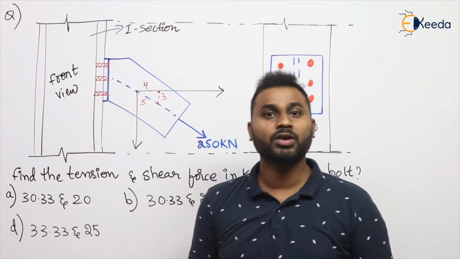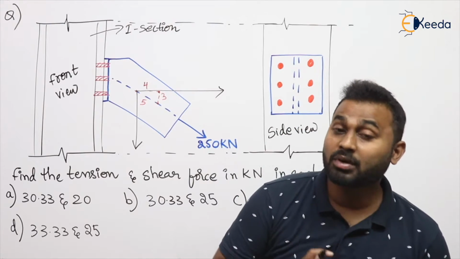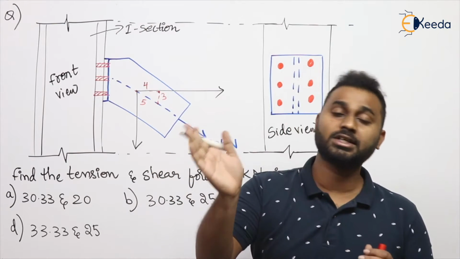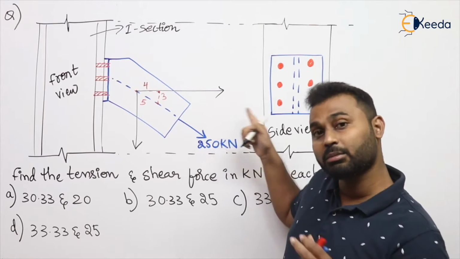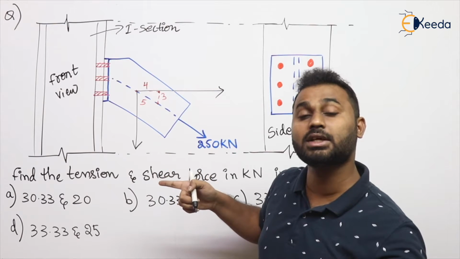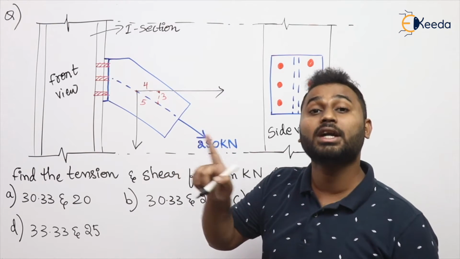We know tangential force always causes shear, and normal force causes tension if it is away from the bolt group. If it is towards, it causes compression. In this question, the normal force is away from the bolt group, therefore it creates tension, and tangential force always causes shear.